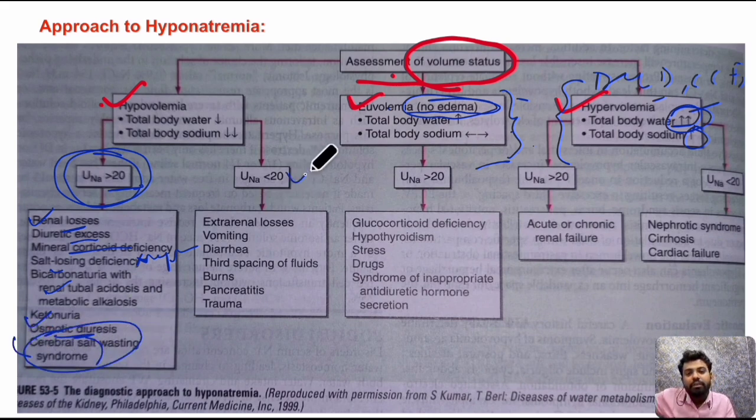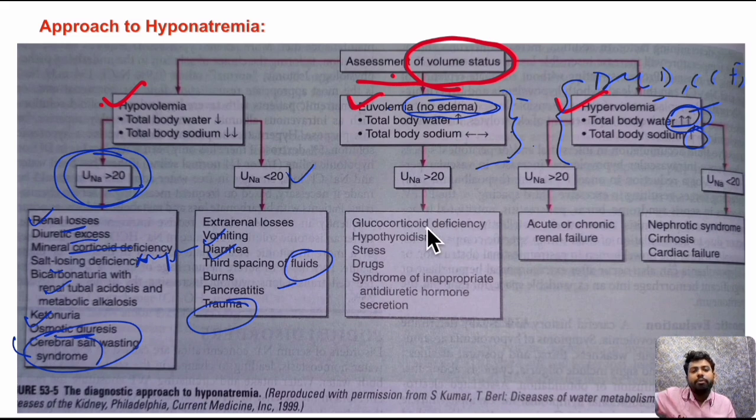If urine sodium is less than 20, the patient is hypovolemic: skin temperature is low, patient is tachycardic, underarms are dry, and BP is low. You take a proper history of diarrhea, vomiting. These are extrarenal losses, like GI losses, vomiting, diarrhea, third spacing like burns, pancreatitis, trauma, or loss of blood volume.